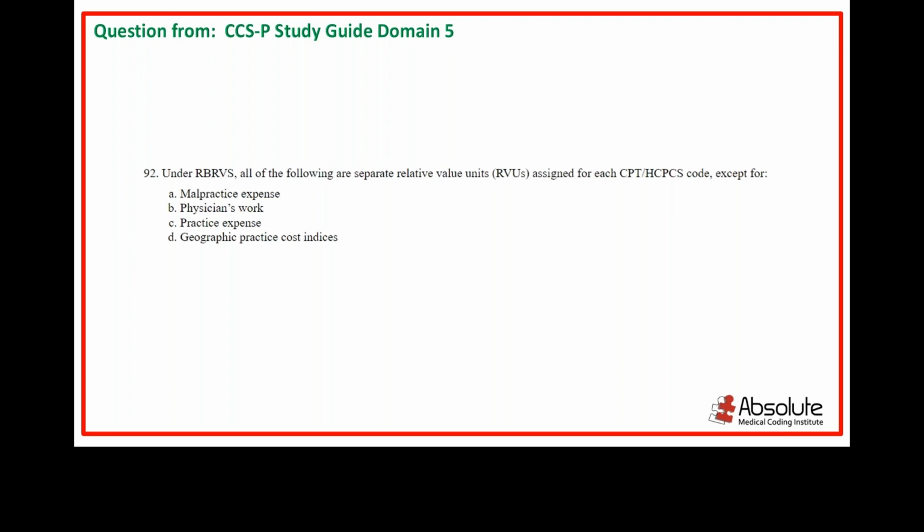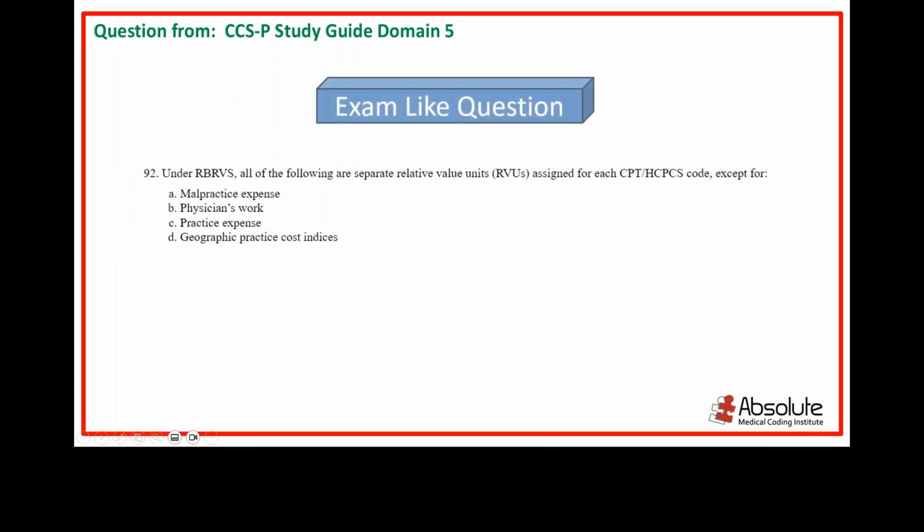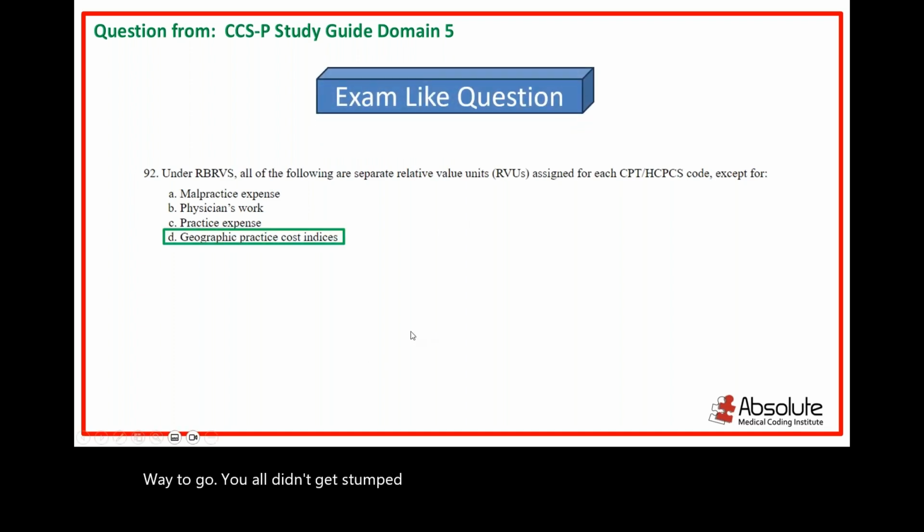Under RBRVS, all the following are separate relative value units, RVUs, assigned for each CPT or HCPCS code except for. Way to go. You all didn't get stumped by this one. The answer is D, geographic price cost indices.